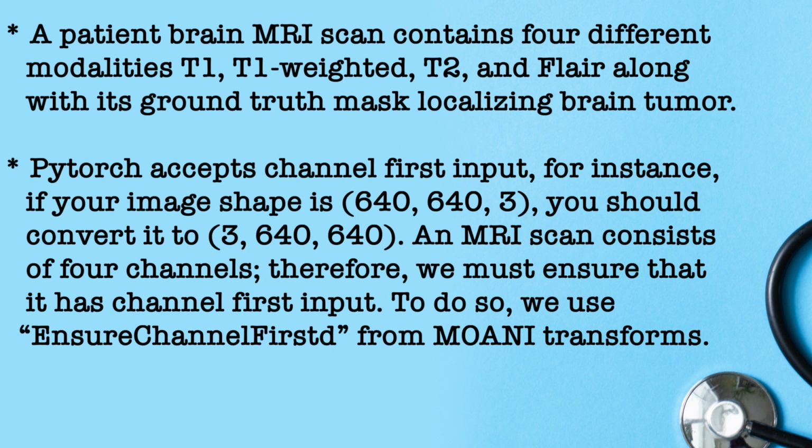For instance, if your image shape is 640, 640, 3, you should convert it to 3, 640 and 640. An MRI scan consists of 4 channels. Therefore, we must ensure that it has channel first input. To do so, we use EnsureChannelFirstD from MONAI transforms.